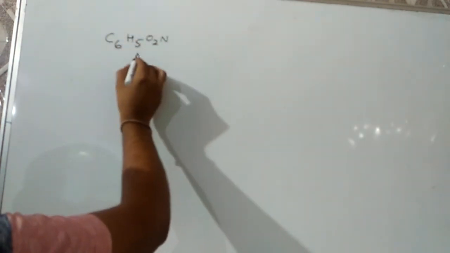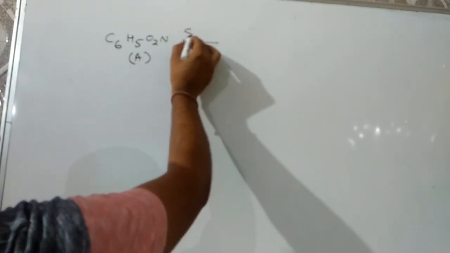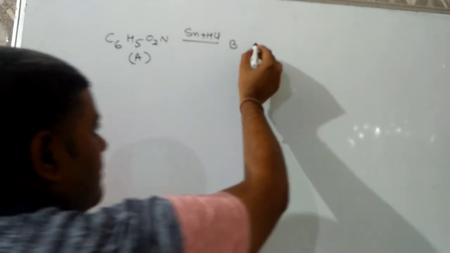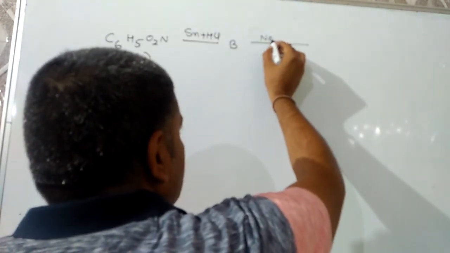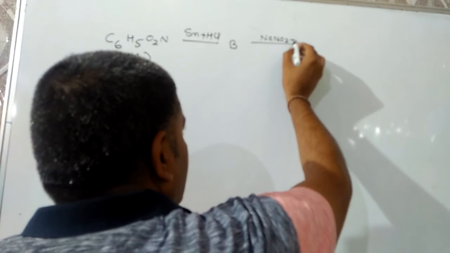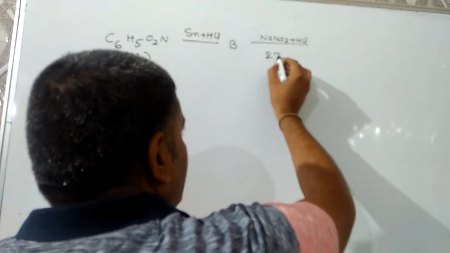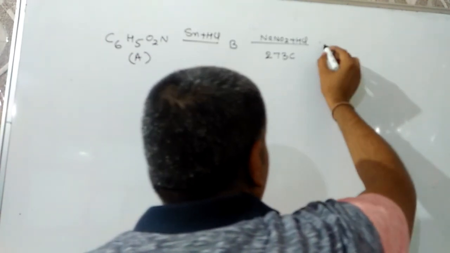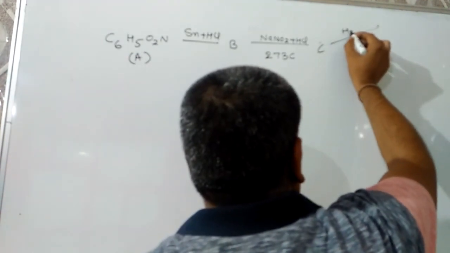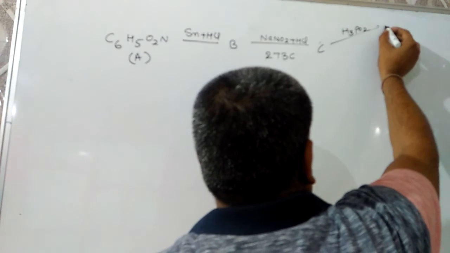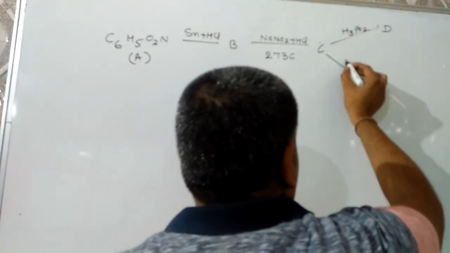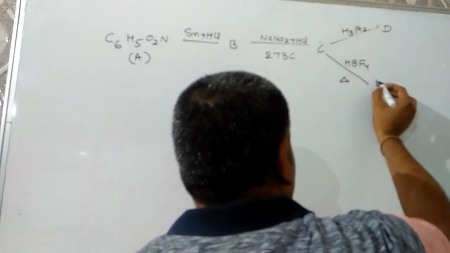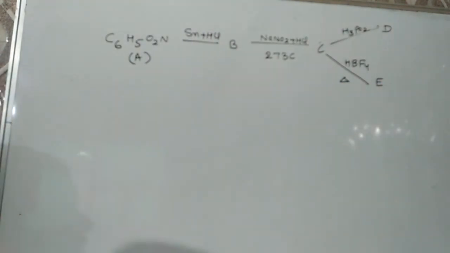This was compound A, and this can react with Sn in presence of HCl to give compound B, and B can react with NaNO2 in presence of HCl at 273 Kelvin to give compound C, and C reacts with H3PO2 to give compound D, and C can react with HBF4 and on heating gives compound E. What are A, B, C, D, E here?